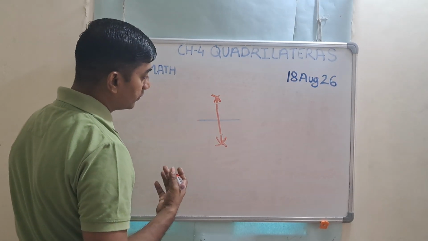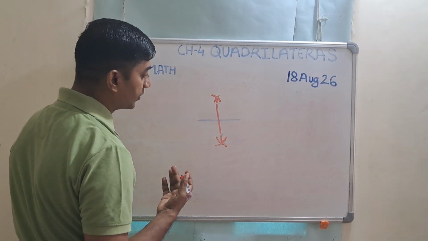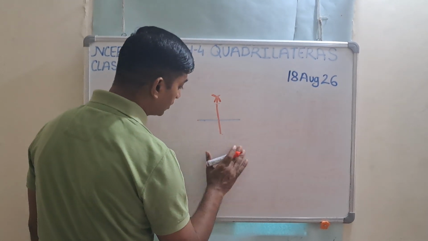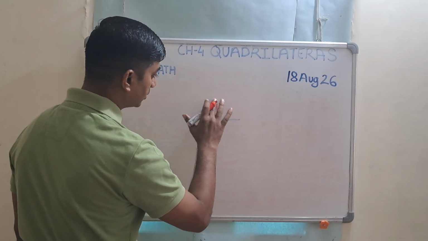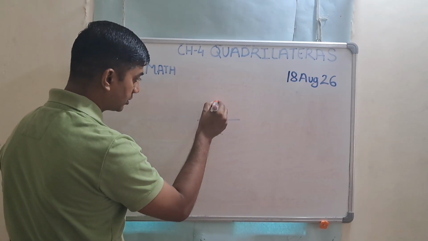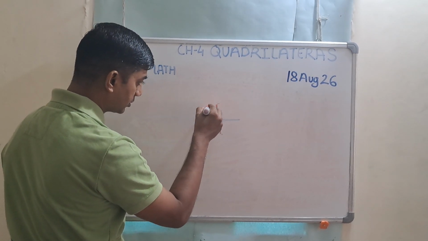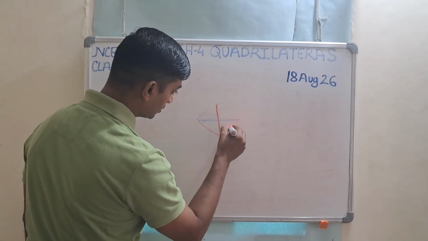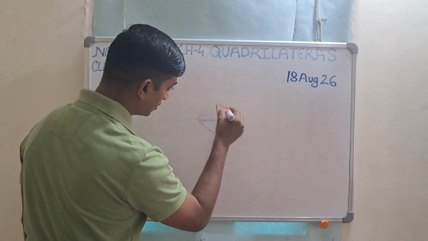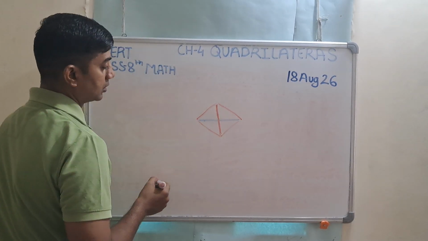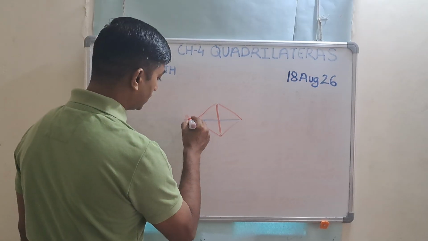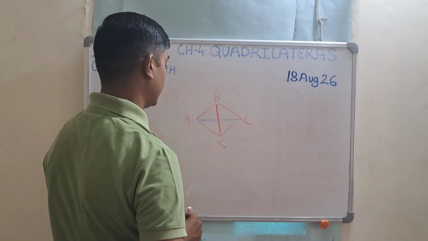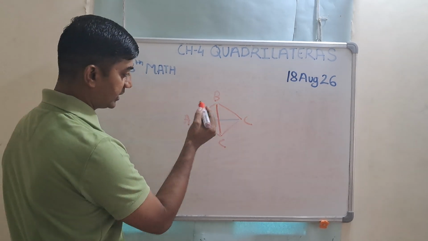Now what we have to do? We have to join the endpoints of the diagonals and erase the additional part. Now we will join A, C, B, D. So these are our diagonals and all sides are equal.